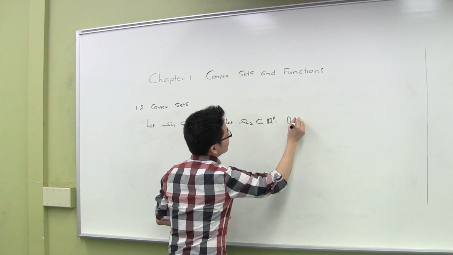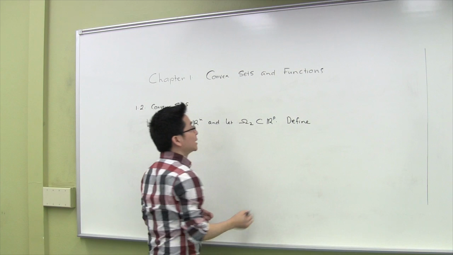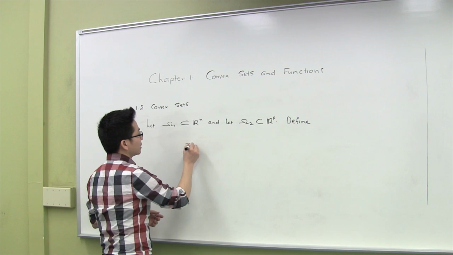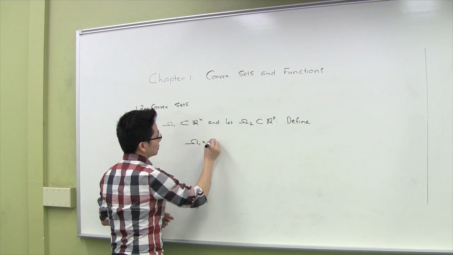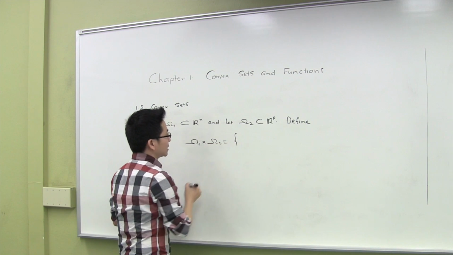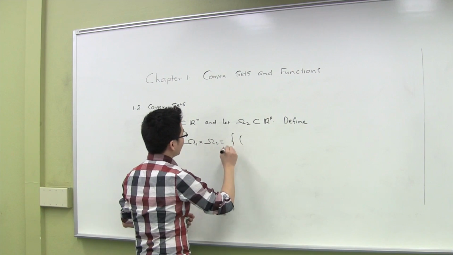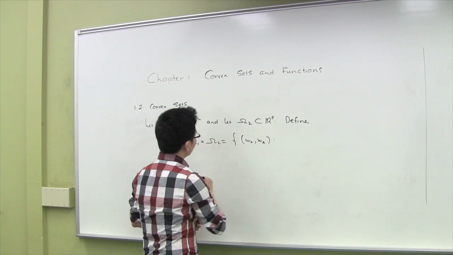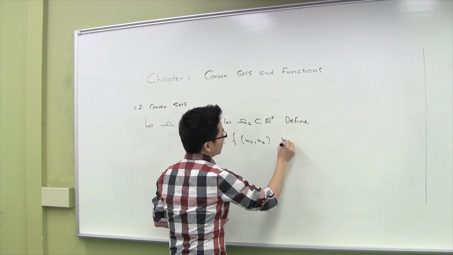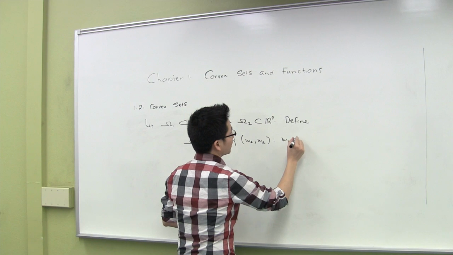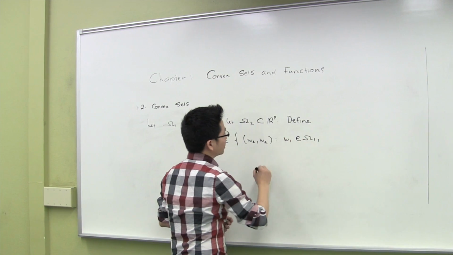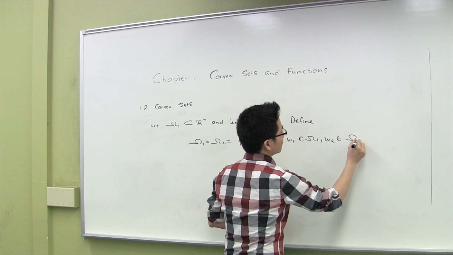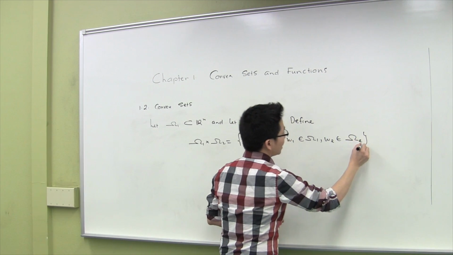We define the Cartesian product of omega 1 and omega 2 by the set of ordered pairs (w1, w2), where w1 belongs to omega 1 and w2 belongs to omega 2.